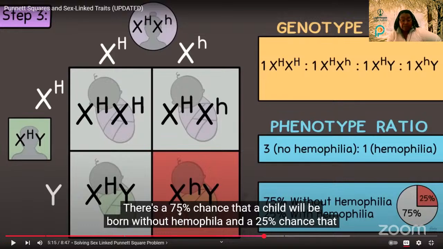And it will be 75% chance that the child will be born without hemophilia, sorry, and 25% chance that they will. Okay, so you have to do all of these steps and then lastly answer the question. The question was, what was the percentage? So tell the genotype, tell the phenotype, and then give the percentage.